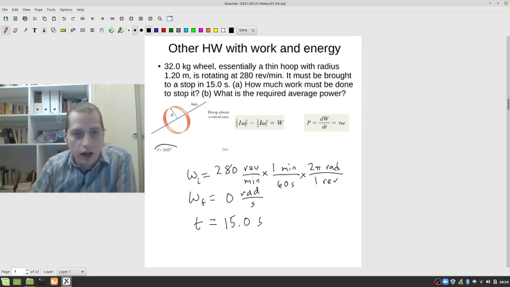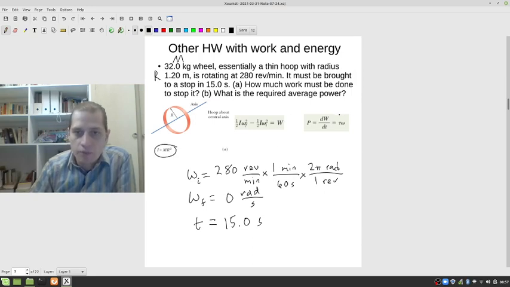Here is your I. Your I is going to be mass, which you know, times r squared, which you know. So this times this squared will give you your moment of inertia. And your omega final, you know, so that's 0 minus I omega initial. So we had to make sure we had that in the right units before we stuck it into the formula. And so our work that we get is going to be negative.